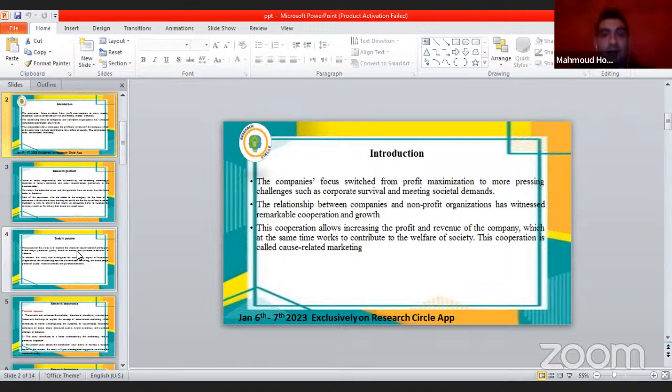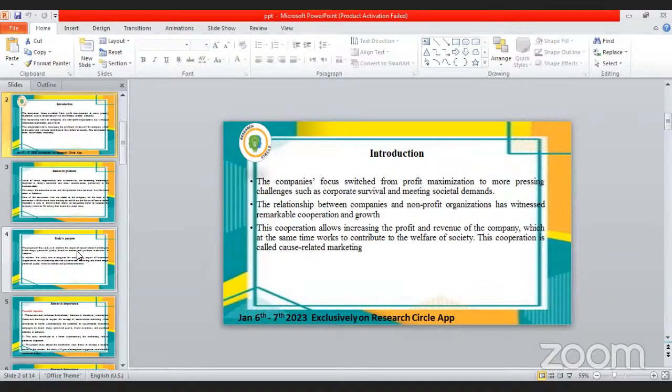This study will enhance understanding about cause-related marketing first. Second, it provides better understanding about the effect of customer skepticism in moderating the relationship between these campaigns. Okay, that's true.